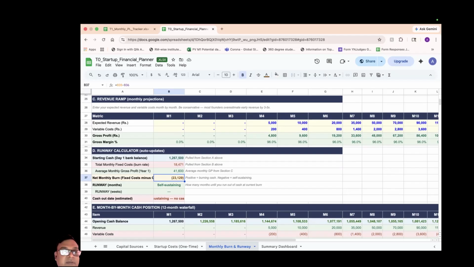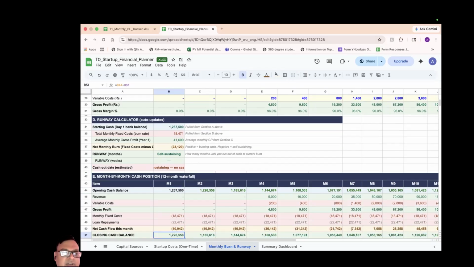Okay, very simple. So this is B35 minus B36. Because this is in brackets, obviously it's negative, right? So the runway is self-sustaining, right? And are we out of cash?